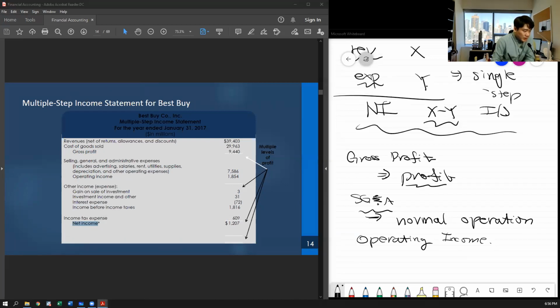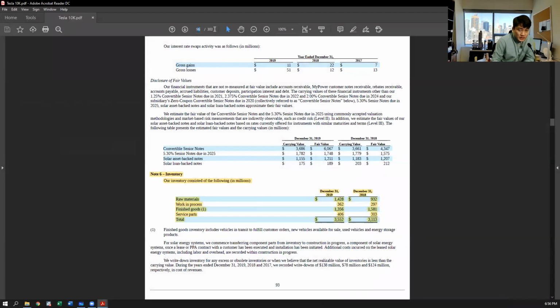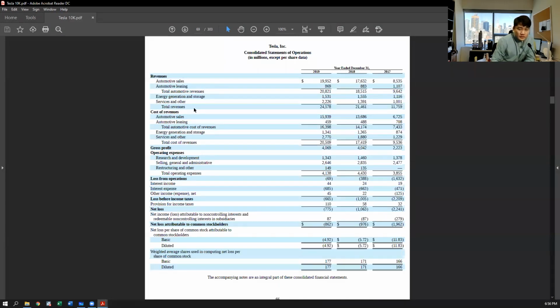So let's take a look at how Tesla reports its multi-step income statement. Here, in the statement of operations, you're starting with revenues. For Tesla, there are multiple types of revenues deriving from the operations, but at the end of the day, revenue is reported as $24 billion.